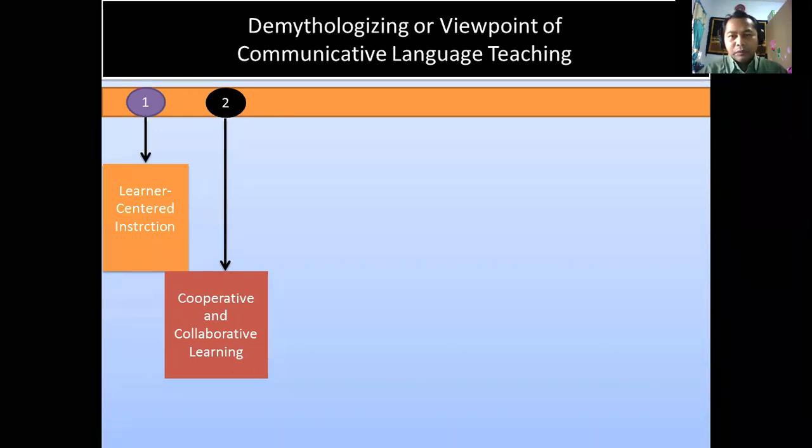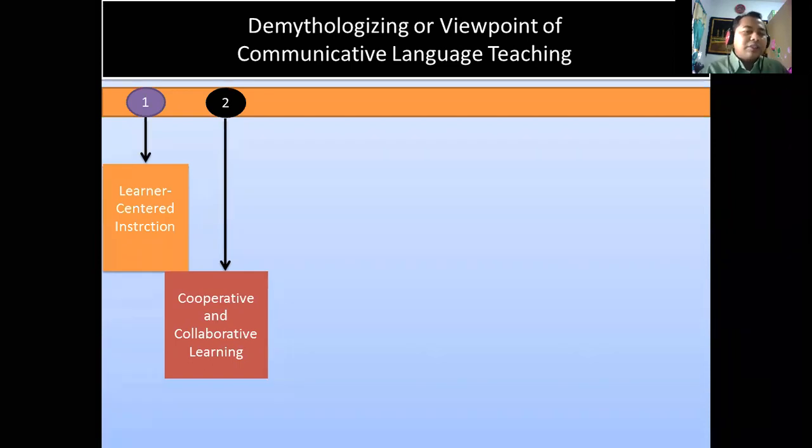Why? Because when there is one student not active in the group, it will affect the whole class, and it will affect other students in that group. So this is one of the principles of cooperative learning, that is individual responsibility.